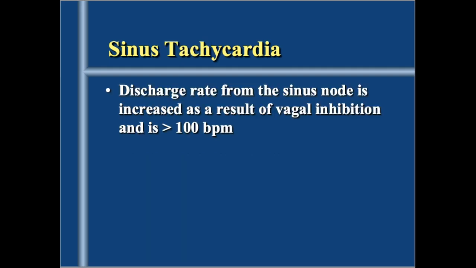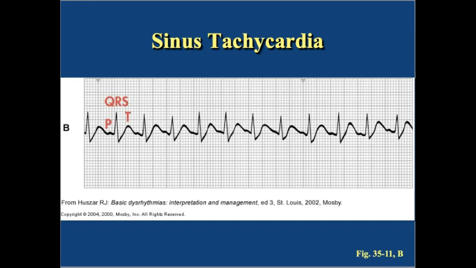Sinus tachycardia is when we have increased heart rate greater than 100 beats per minute. This is from the result of vagal inhibition. And I'll show you here on the next slide. We'll see an example of sinus tachycardia. And here's an example of sinus tachycardia. The reason that this is sinus is because you do have a P wave before every QRS.